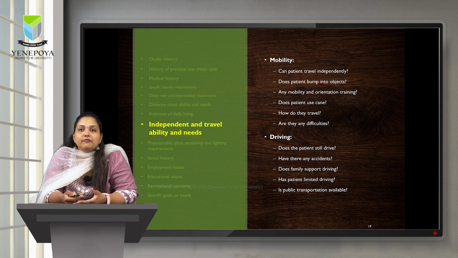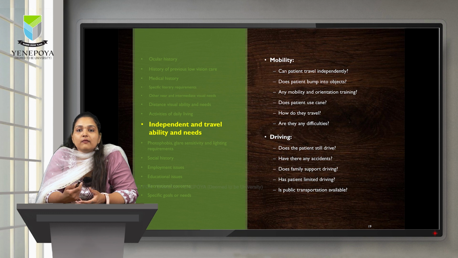And in case of driving, if the patient loves to drive, that was his hobby, and because of this condition he has stopped his hobby, does the patient still drive? Whether, still driving with his ocular condition, he has met with accidents, whether the family members support driving, or the patient has stopped driving or limited driving, is public transportation available?